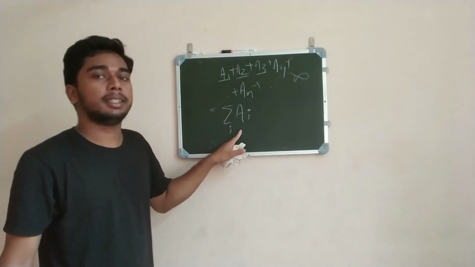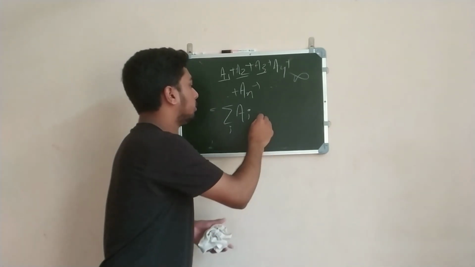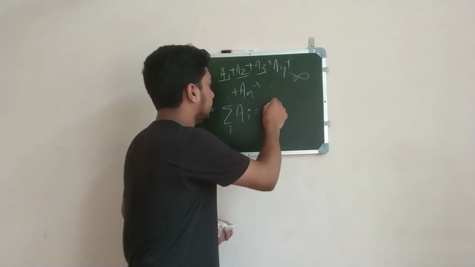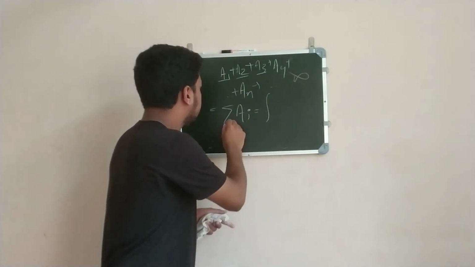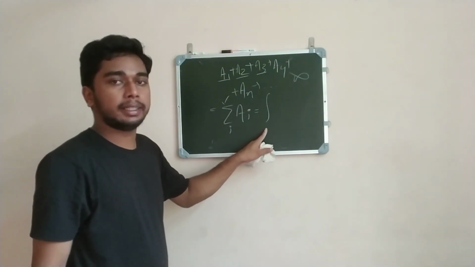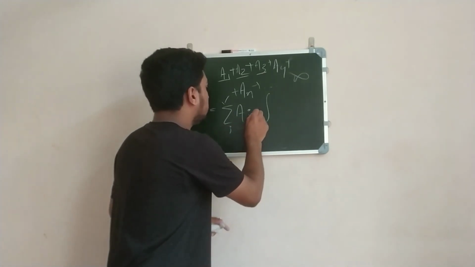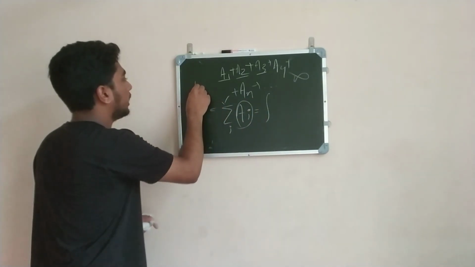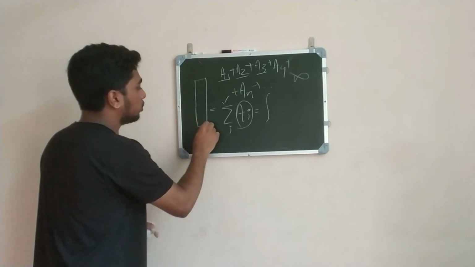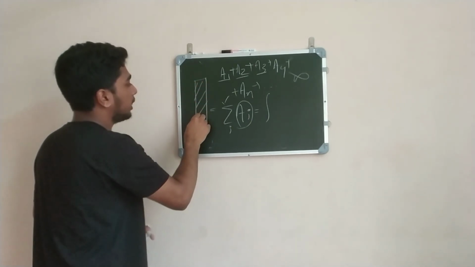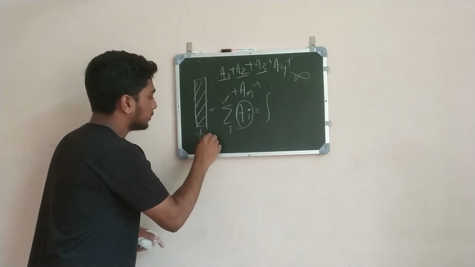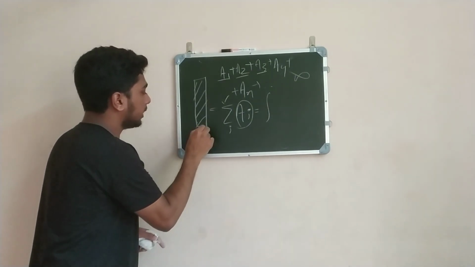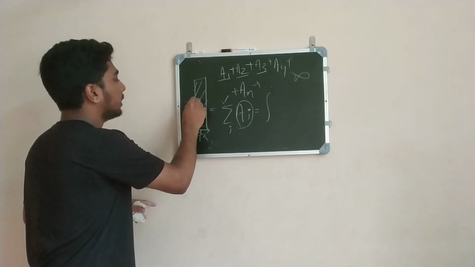So this is written as integration. I just replace this summation with the integral. And what was our area? This was our element previously, whose length was dx and height was y.